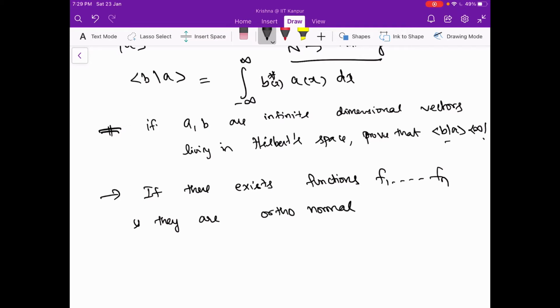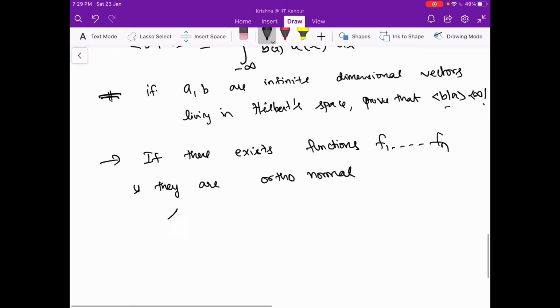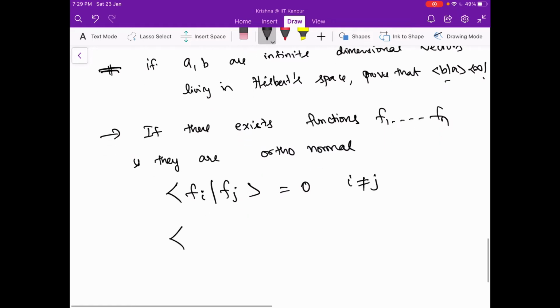What I mean by orthonormal is that the inner product of fi and fj is equal to 0 if i is not equal to j, and equal to 1 if i is equal to j.